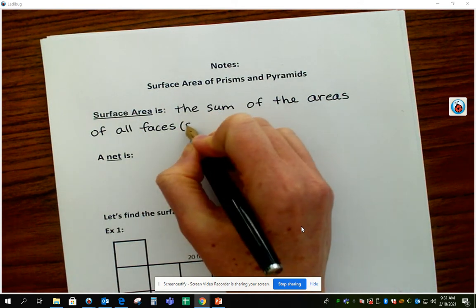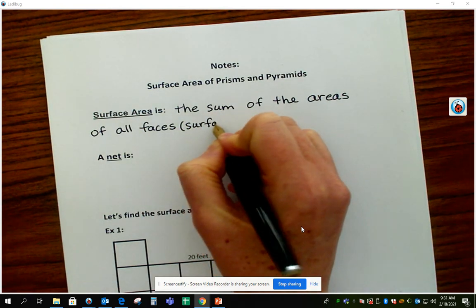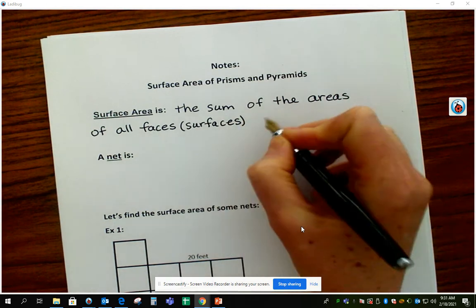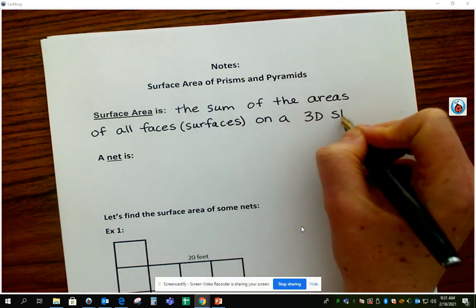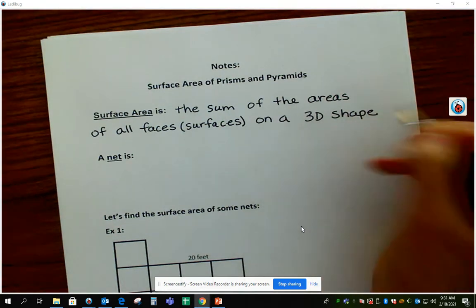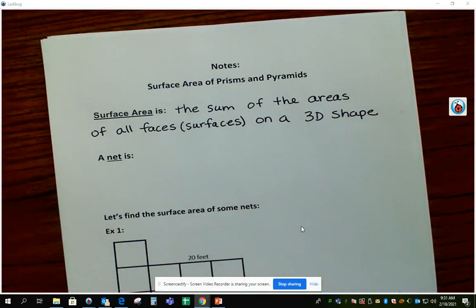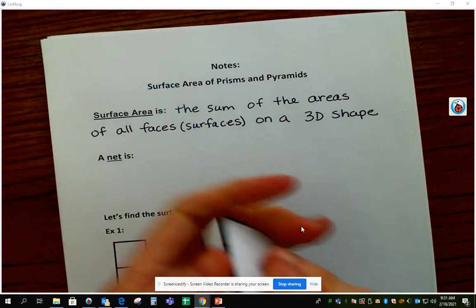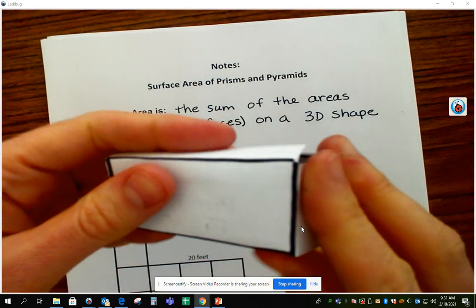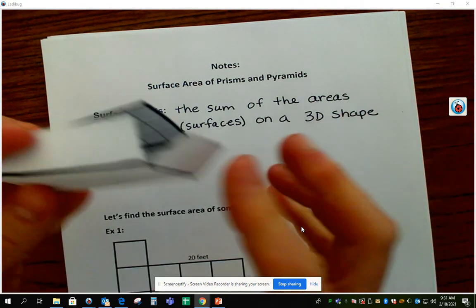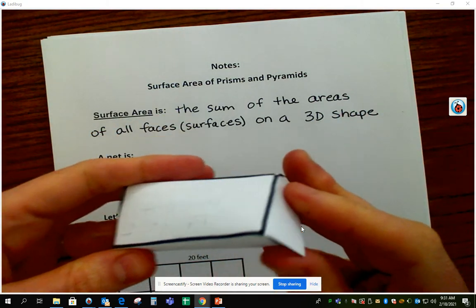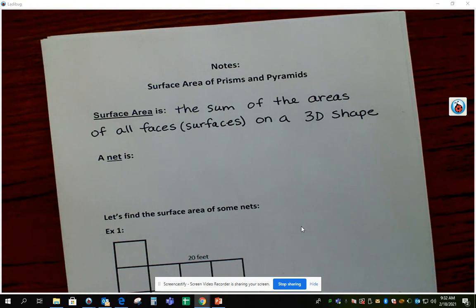It's just a word for surfaces, on a 3D shape. So if I had a three-dimensional object like this, the area of every surface added up, so all the surfaces together, is the surface area of that shape.